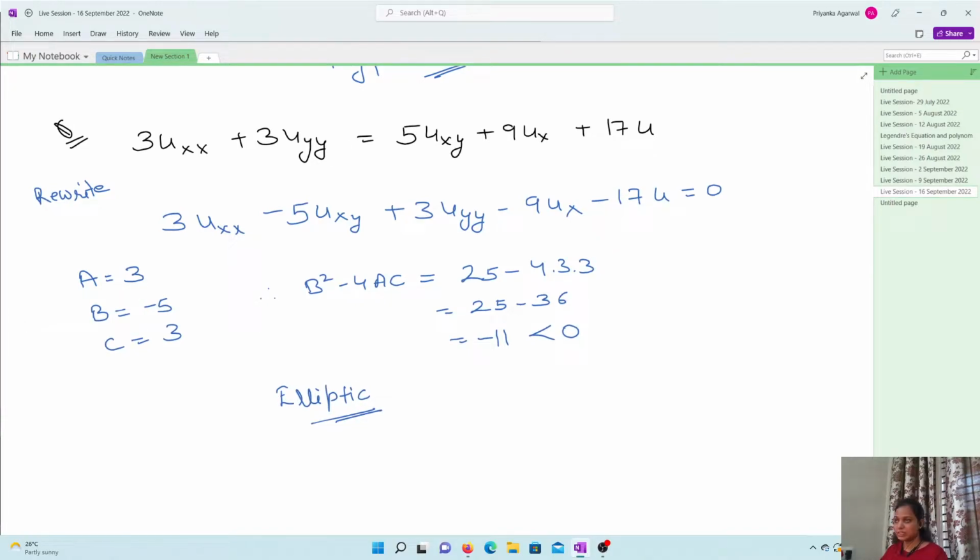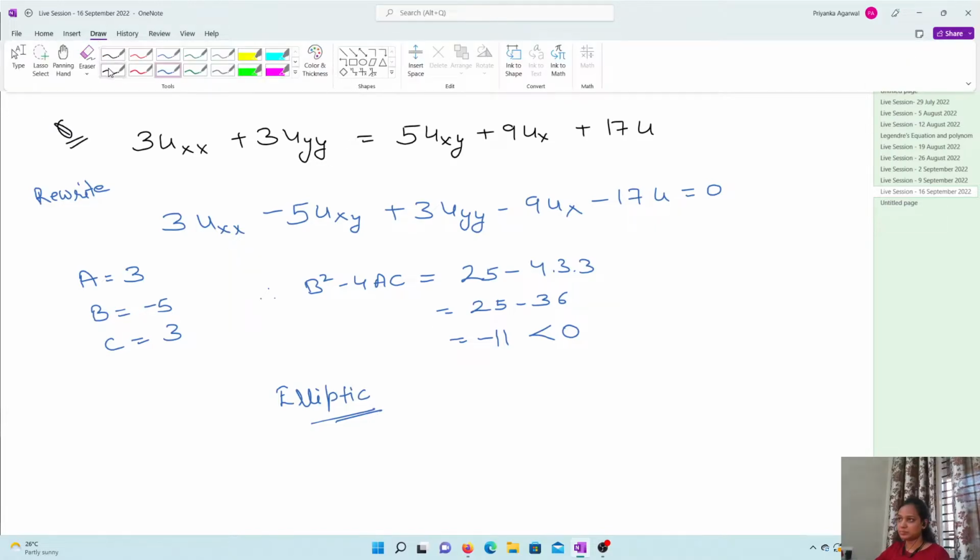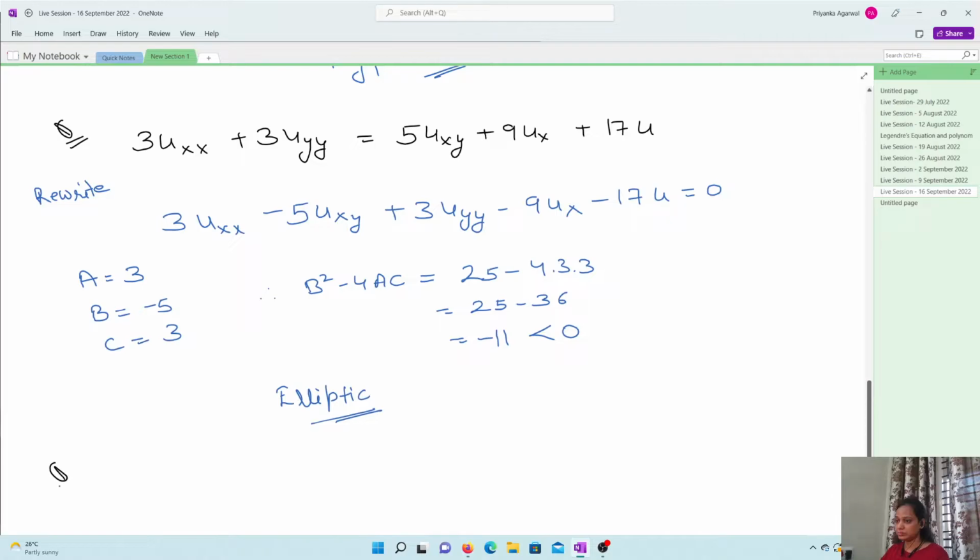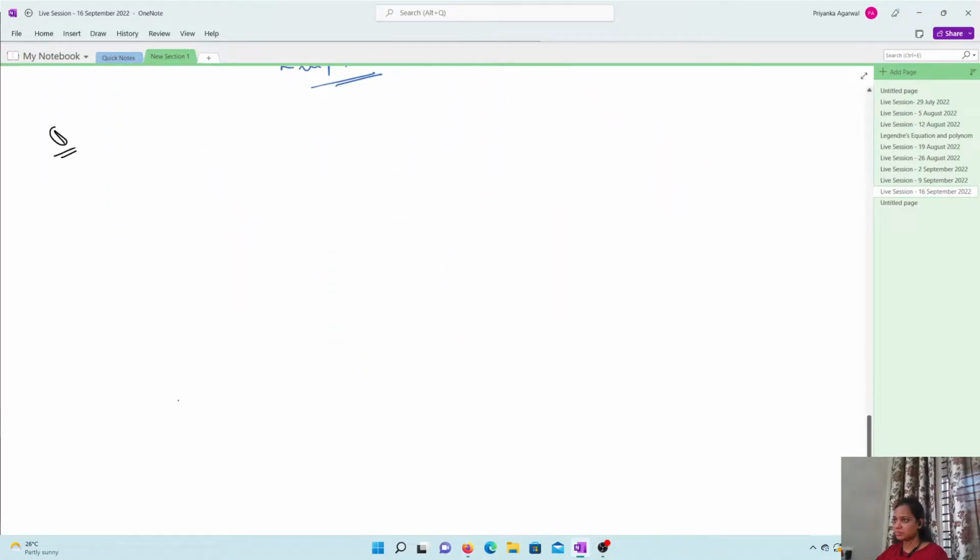Now similarly, look at another example where the differential equation is uxx plus 4uyy equals to 4uxy plus 3u.